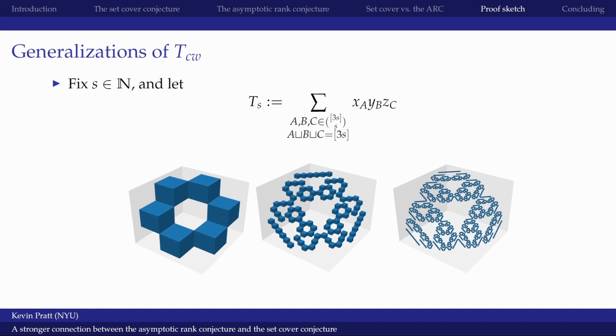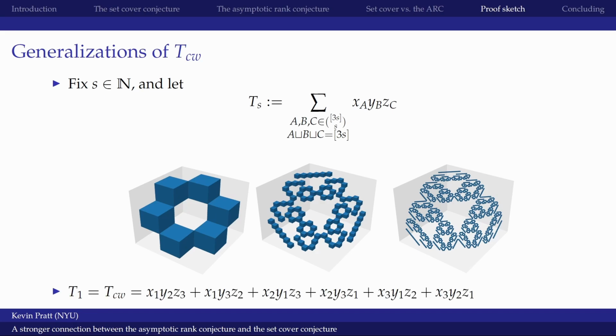So we define T sub S to be the tensor indexed by subsets of a universe of size 3S, and we have one monomial for every partition of the universe into 3 balanced parts. Here are some pictures of these tensors T sub S for some small values of S. So when S is like 1, 2, and 3. Now note that when S equals 1, this is actually just the small Coppersmith-Winograd tensor.